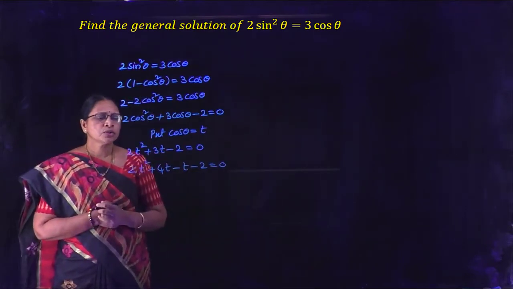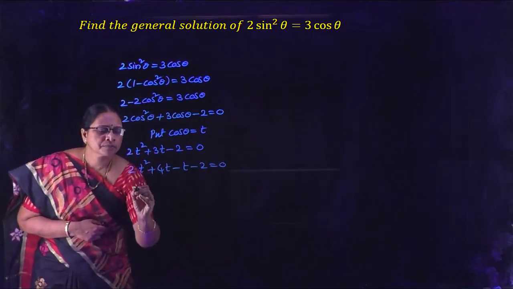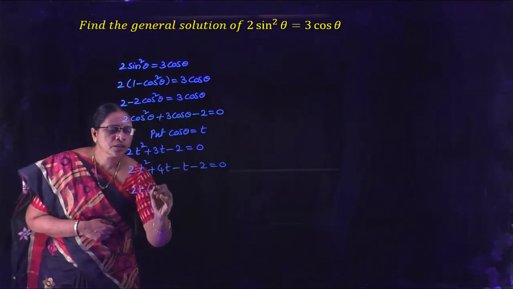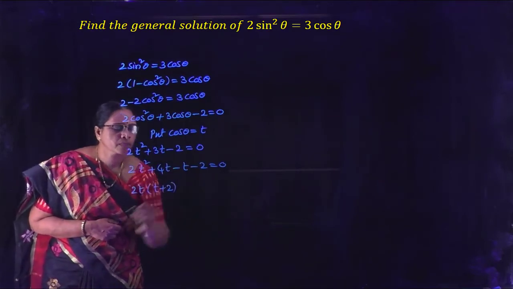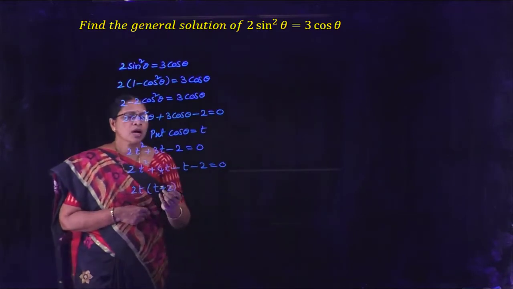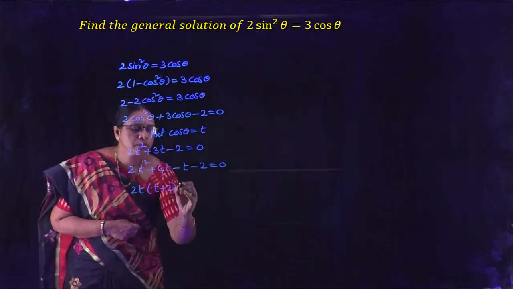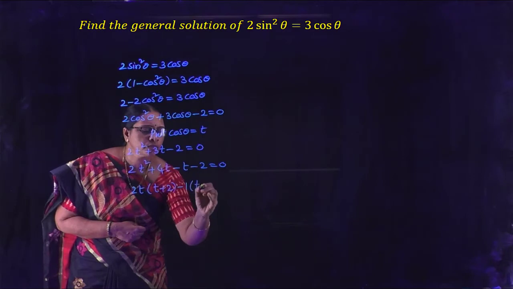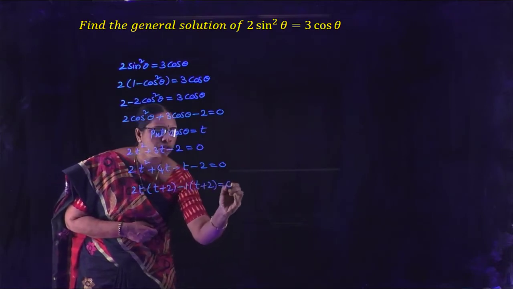From the first two terms, 2t common: 2t into t plus 2. Minus 1 common from the last two terms: minus 1 into t plus 2 is equal to 0.